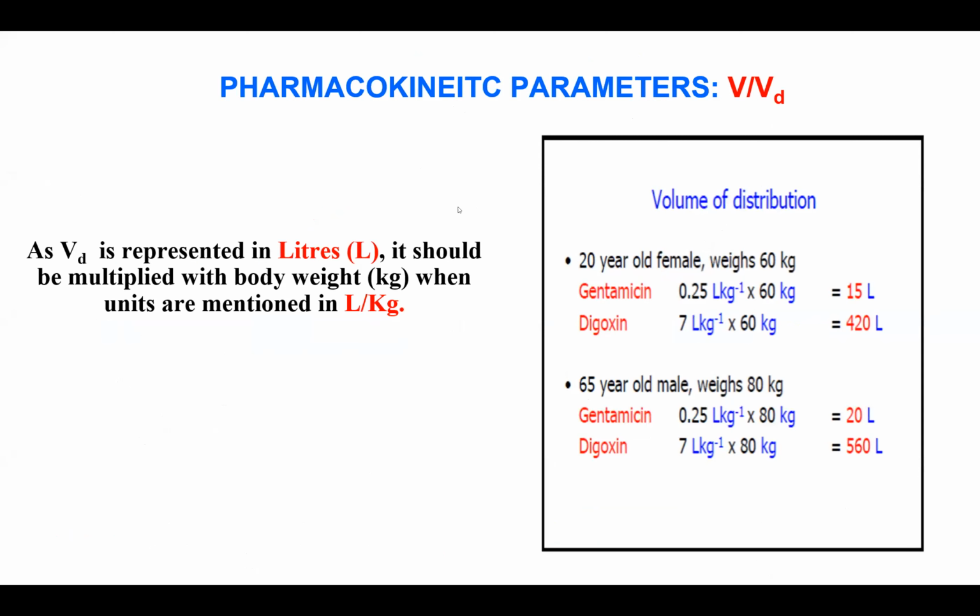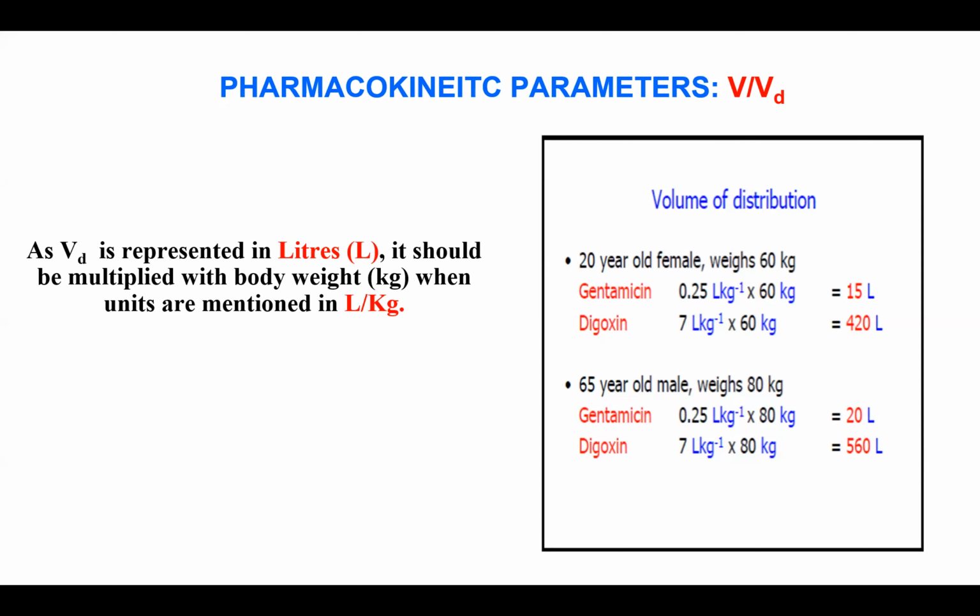Okay, so again, our volume of distribution is represented in liters, so we may multiply this by the weight of our patients. We can see the pharmacokinetic profile of the drug, for example, in the drug inserts or in the references.